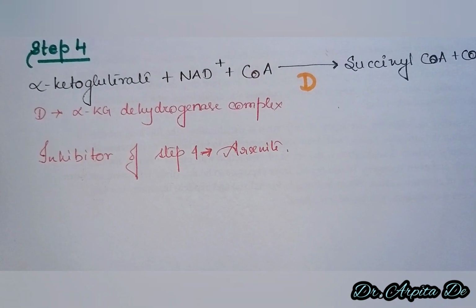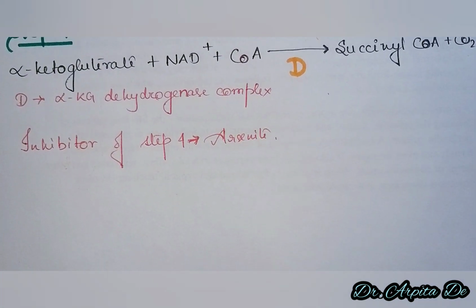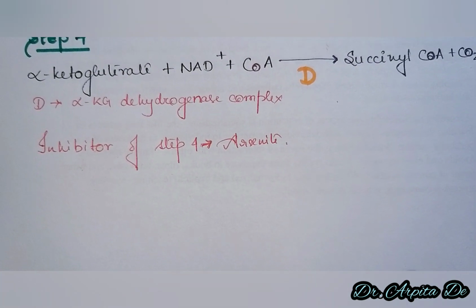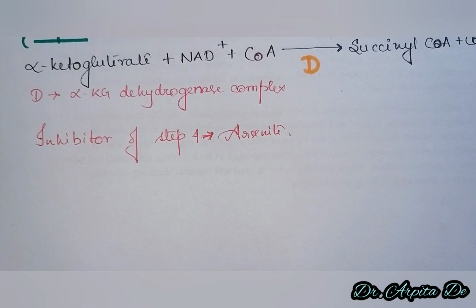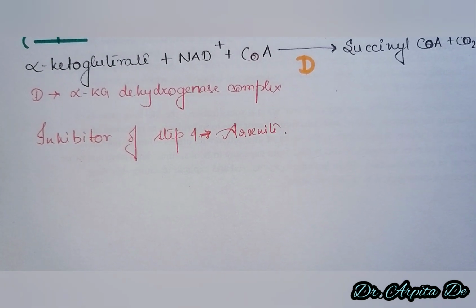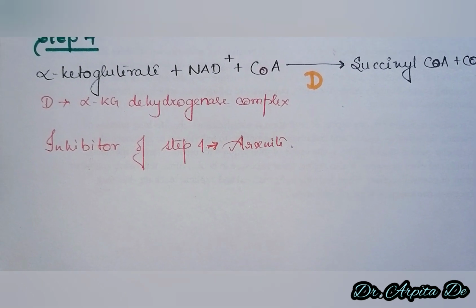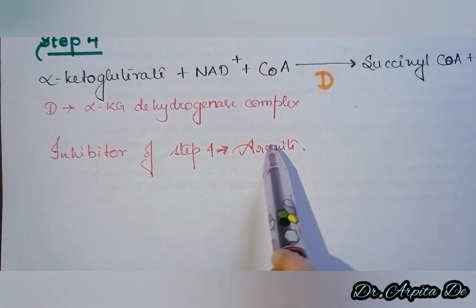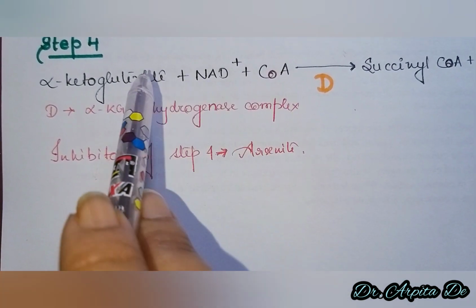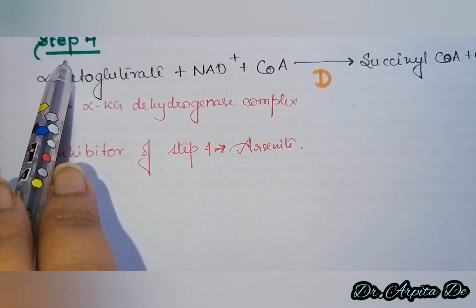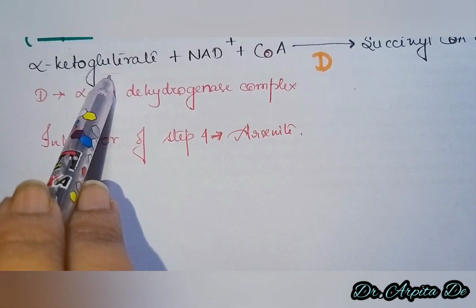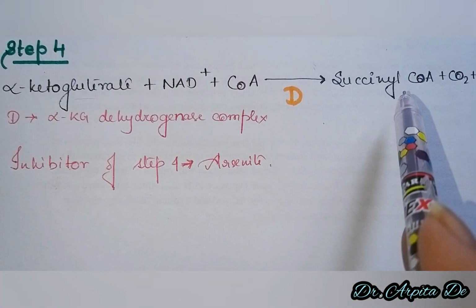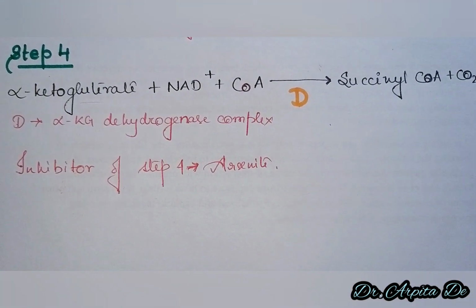What does it do? It inhibits this step, and as a result it results in accumulation of alpha ketoglutarate. Correct? Because if this step gets obstructed or inhibited, this alpha ketoglutarate will not get converted to succinyl CoA.